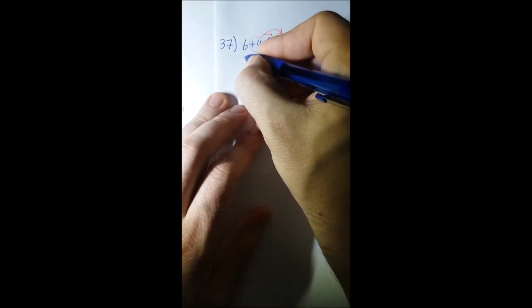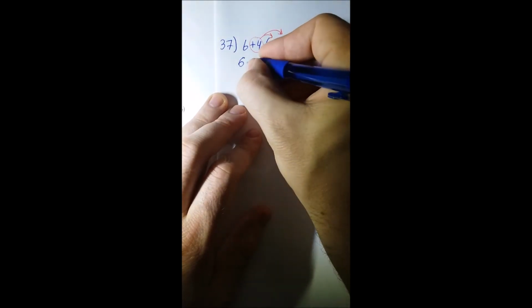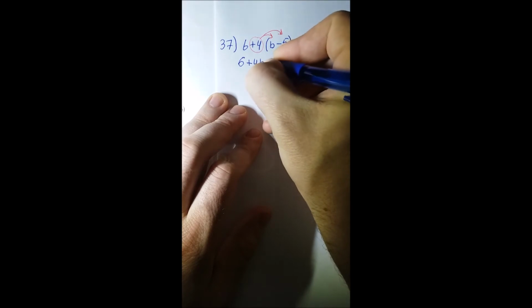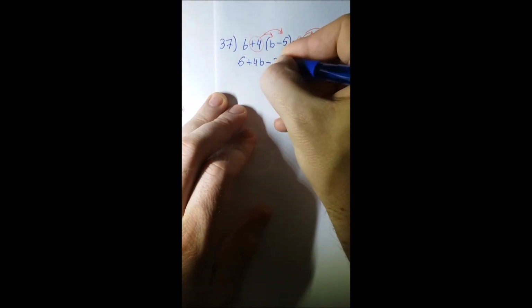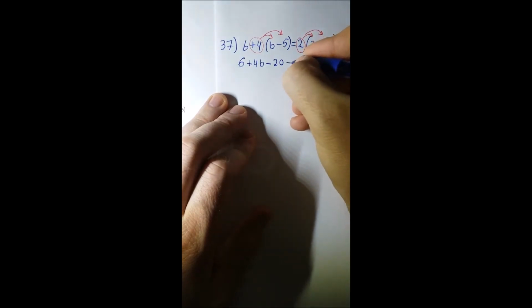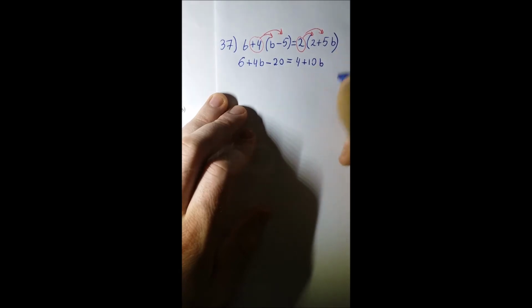So we're going to start with a 6, and 4 times b is plus 4b. 4 times negative 5 is a negative 20. Okay, equals 2 times 2 is 4. 2 times 5b is positive 10b.